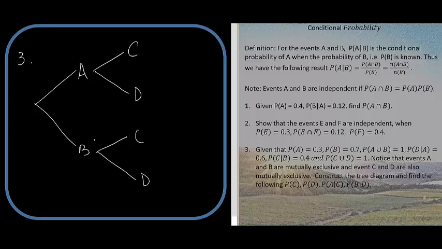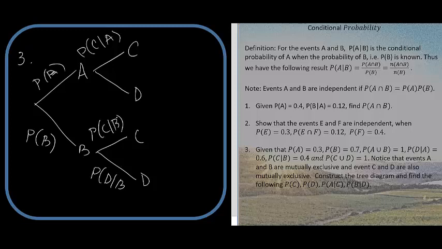We get this idea because it is telling us probability C given B, so B is known when I'm looking for probability of C. So this portion is probability A, this portion is probability C given A, this is probability B, this portion is probability D given B. In the same way, probability C given B, and this one is probability D given A. Alright, if I have all these, then I can now plug in the values.